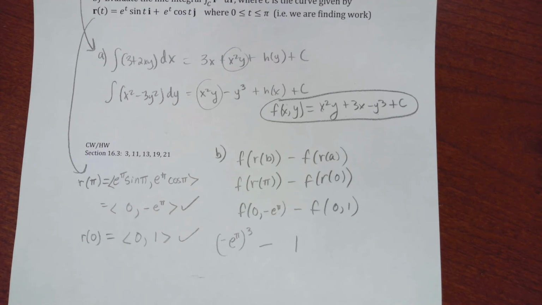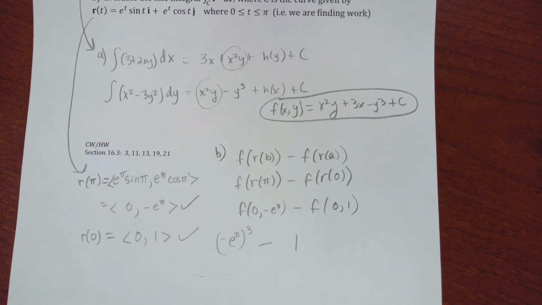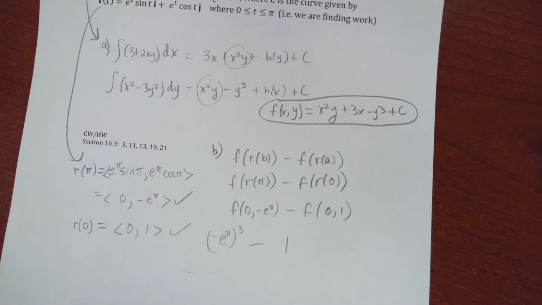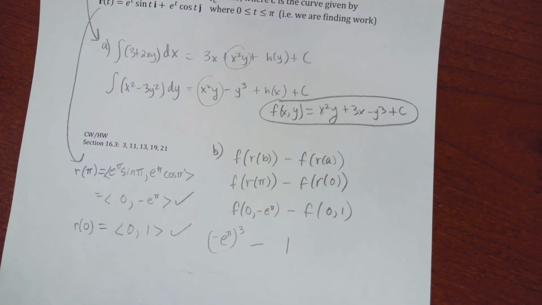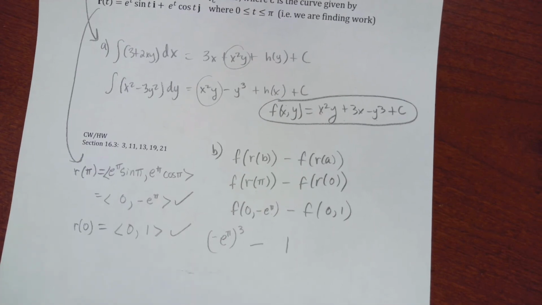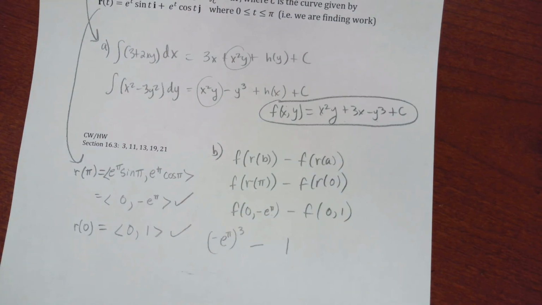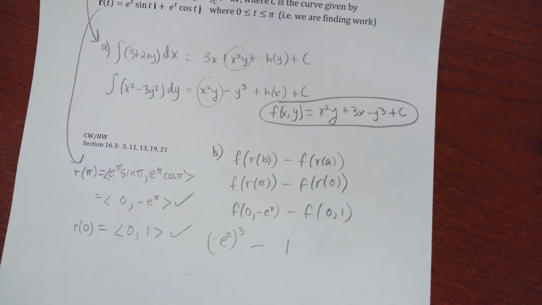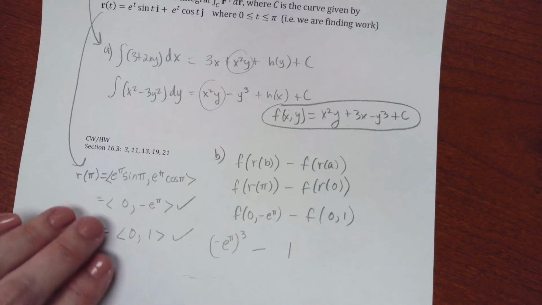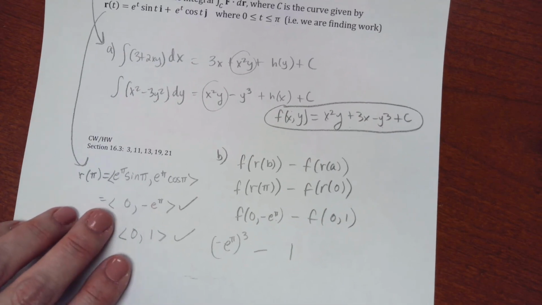All right, so hang on a second. I feel like I have this backwards a little bit. Just give me a second here. F of R of pi minus f of R of 0. I'm just checking my stuff because on my paper I have it backwards, but I must have just done it backwards by accident.